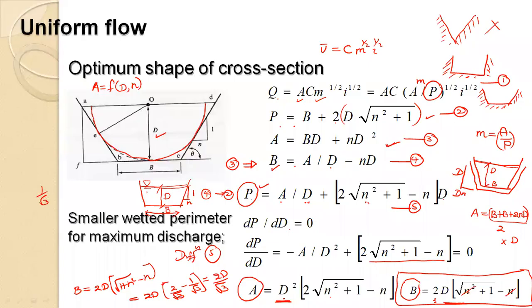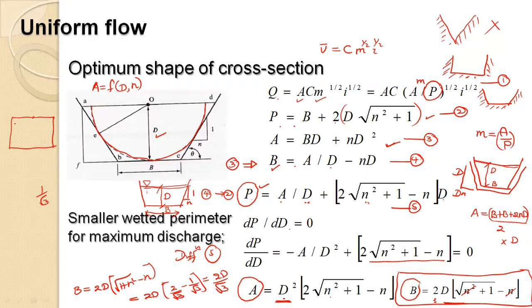So if you are going to design a rectangular cross section, remember the optimum shape of that rectangular cross section, optimum flow will be when the breadth, or you can say when the water depth is half of the breadth. Okay, half of the breadth. Again, what you are getting is a circle, no?